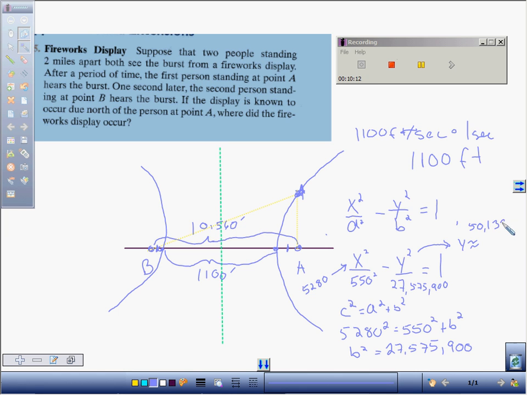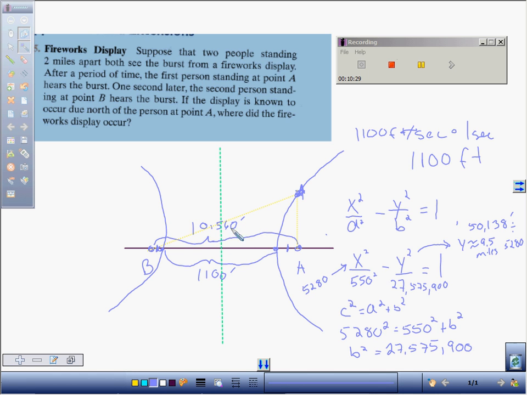Got it? And then they probably want to know that in miles. So if I divide that by 5280, I get that y is about 9.5 miles. And that's how you do that problem.